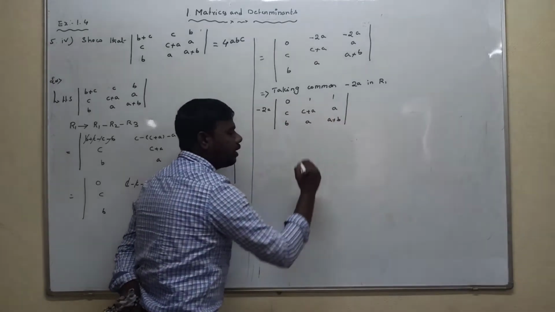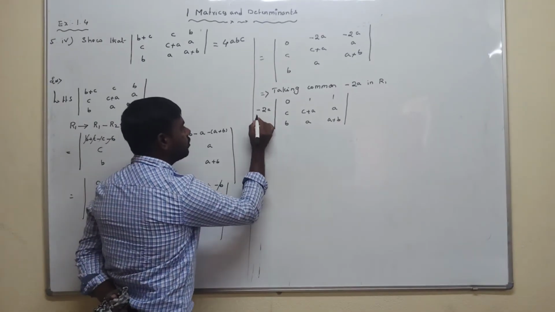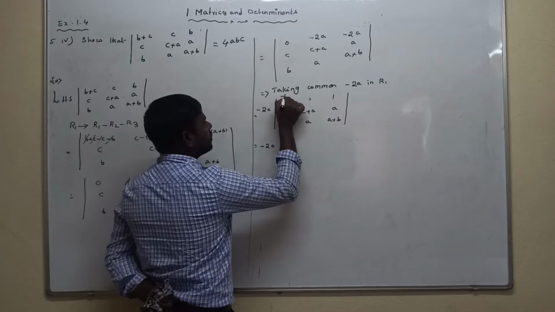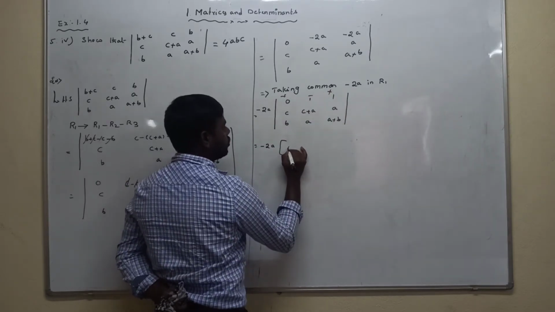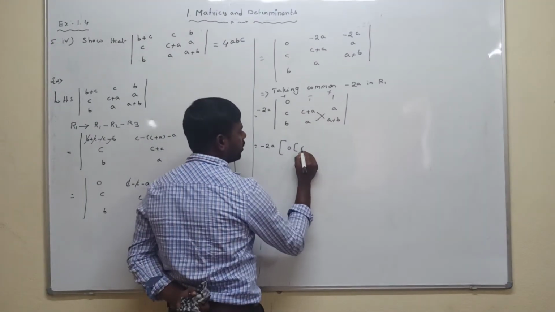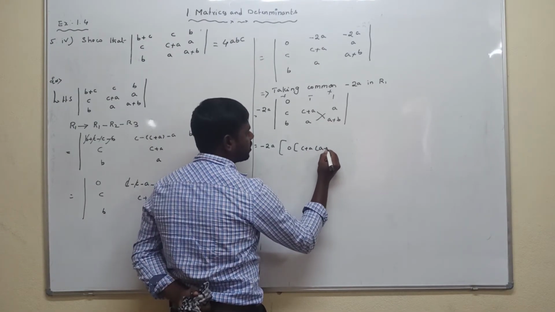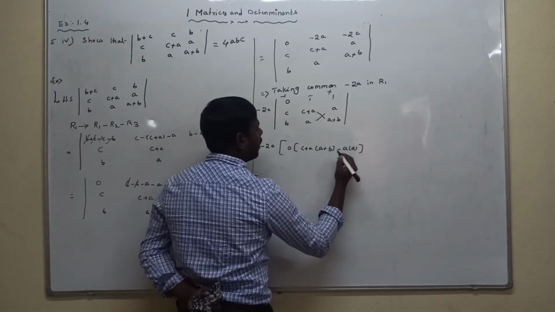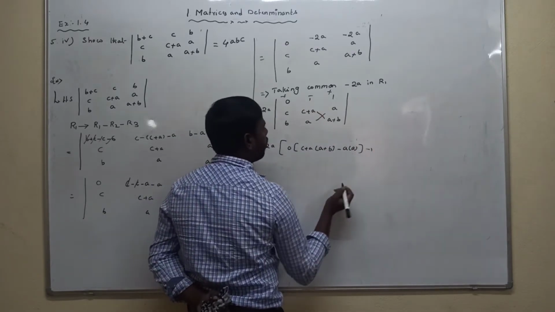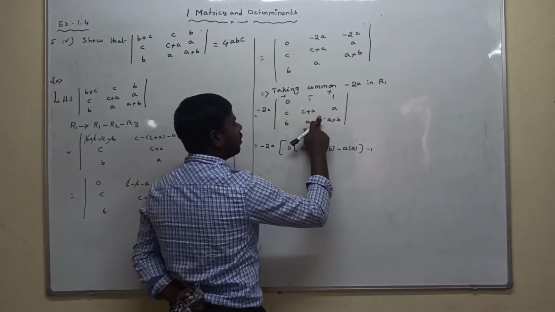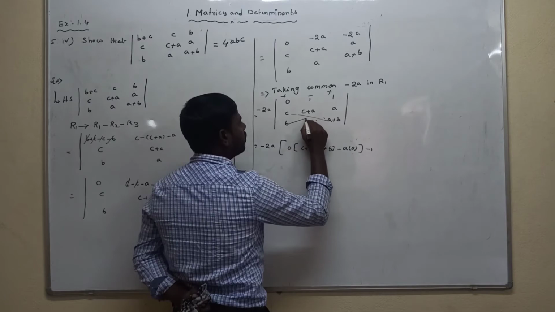Now applying the determinant condition, minus 2a times: 0 into the cross product with these elements, c plus a into a plus b minus a into a. Next is minus 1, product with this one into this one minus this one into this one.